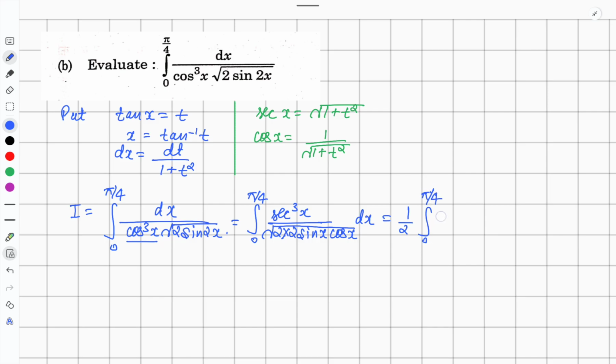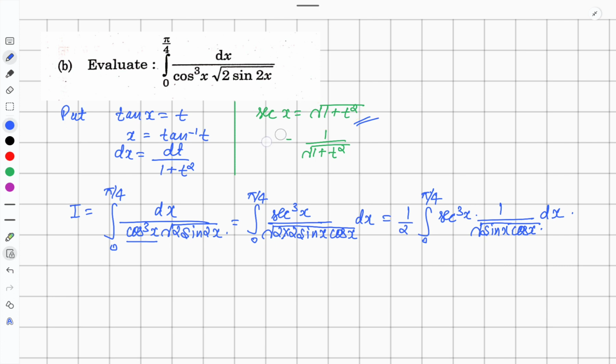So this is secant cube x into 1 by root of sin x cos x dx. Secant x we have found out is root of 1 plus t square.